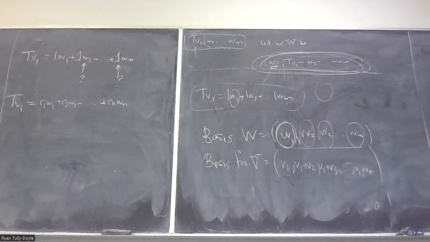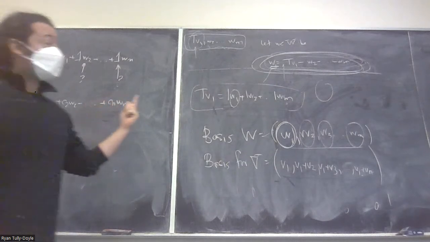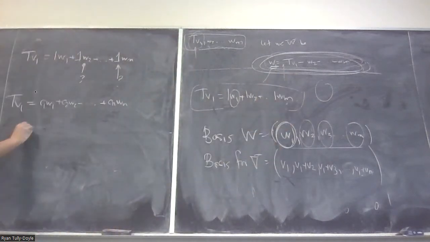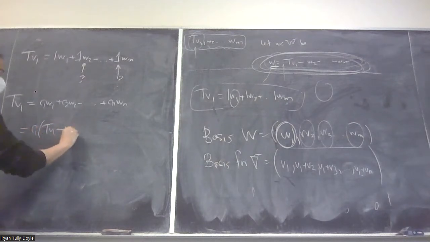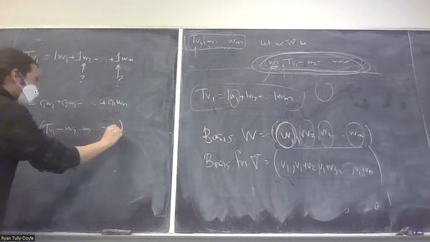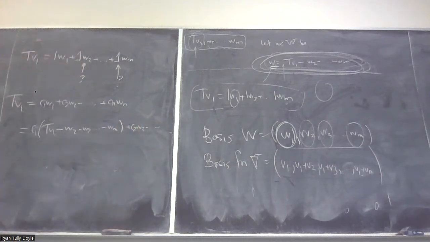T of V1 is in W, and so it can be written out as an expansion in terms of W. The W1, the way you have it set up, is equal to this. So you could write this as C1 times (TV1 minus W2 minus W3 ... minus WM) plus C2W2 on the way out. So this is equal to C1 TV1.